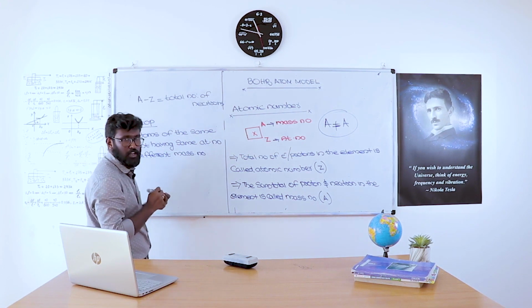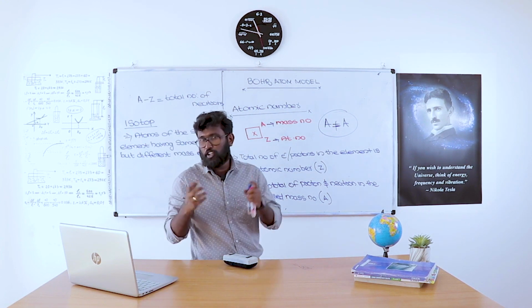Atoms of the same element having the same atomic number but different mass number are called isotopes.